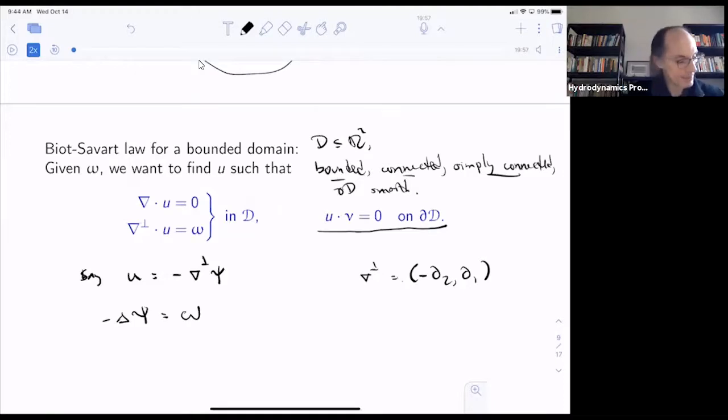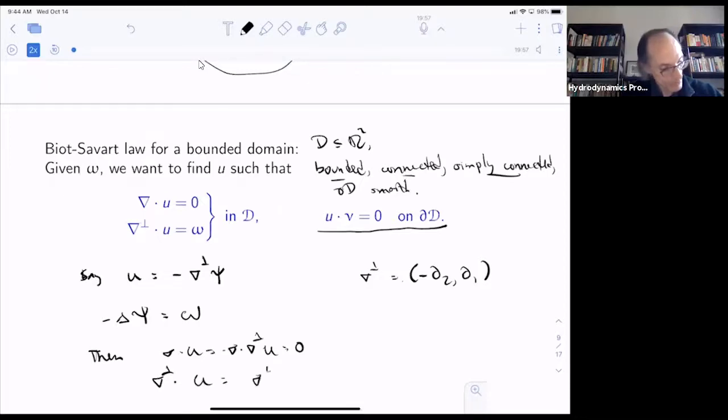And this vanishes just by, this is a difference of mixed partial derivatives. Okay, so then these conditions hold.